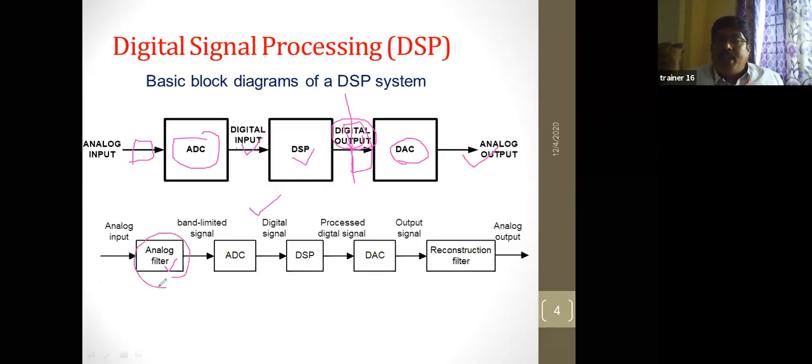What is the purpose of the analog filter? It eliminates the unwanted frequencies from a signal, and that analog signal is sent as input to the ADC converter.